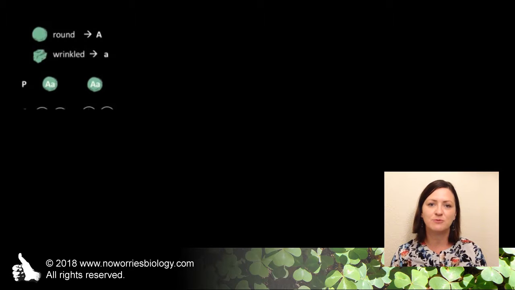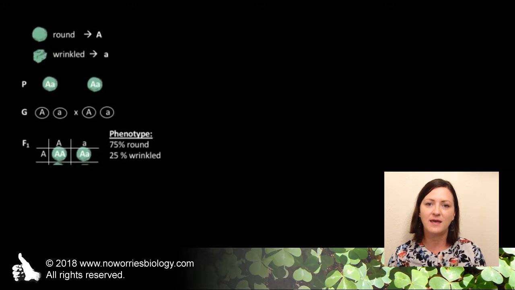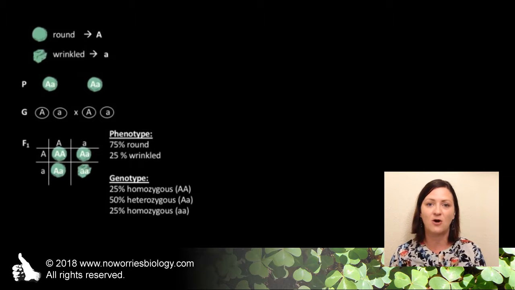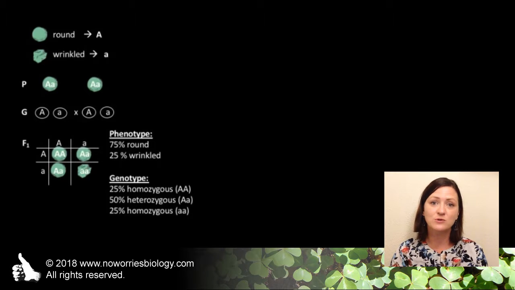The parental generation produces gametes, reproductive cells, which each only contain one of the alleles, and during fertilization those gametes each combine with a gamete from the other parent so that the offspring again possesses two alleles. The following combinations are possible: homozygous for the round allele and also phenotypically round, heterozygous containing both alleles and phenotypically round, heterozygous containing both alleles, phenotypically round, and homozygous for the wrinkled allele and phenotypically wrinkled.